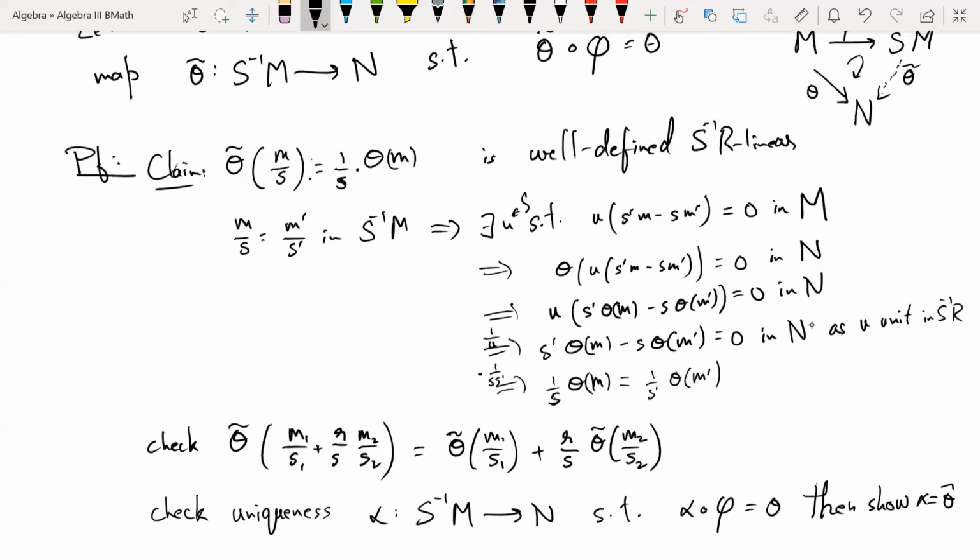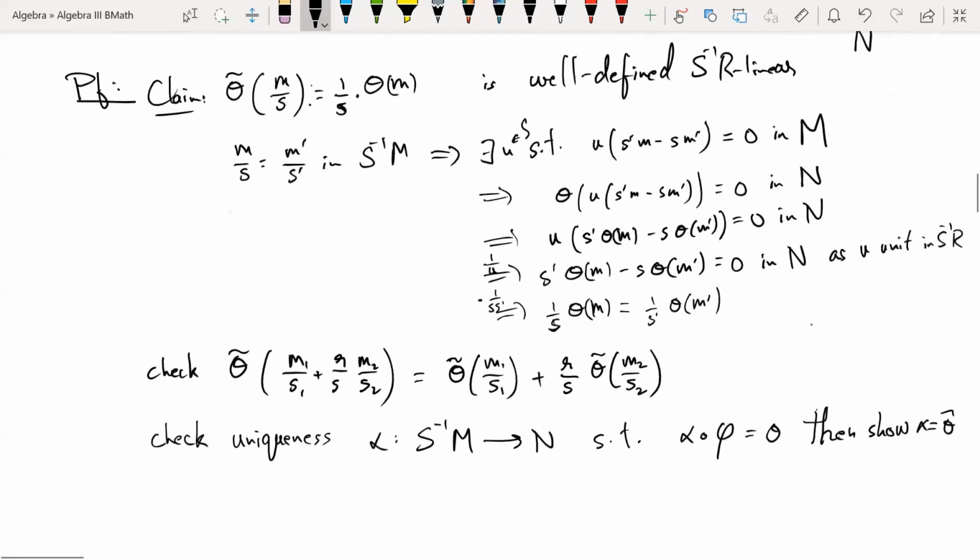For instance, if you take M over 1, alpha of M over 1 goes to theta M. So alpha of M over 1 is the same as theta tilde of M over 1, and then you use linearity to check that they agree on all elements. This is also straightforward, and I'll leave it for you to check.